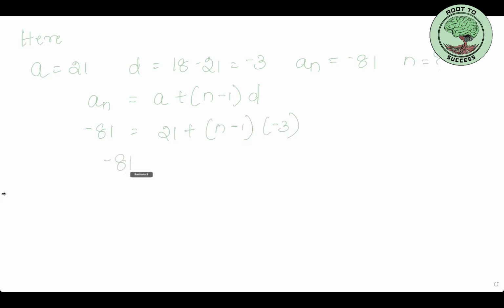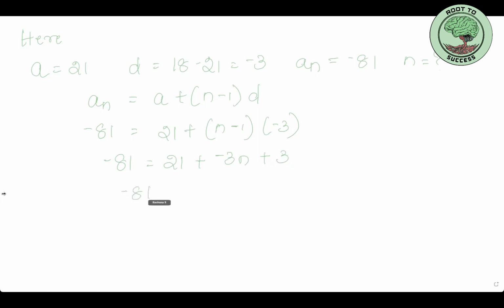Minus 81 is equal to 21 plus minus 3 into n, it will be minus 3n, minus into minus it will be plus, and 3 into 1 will be 3.